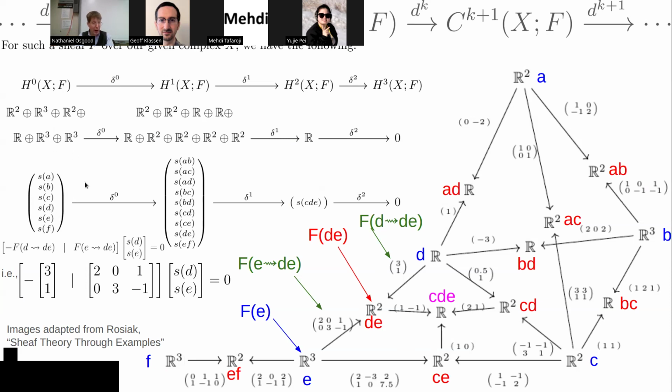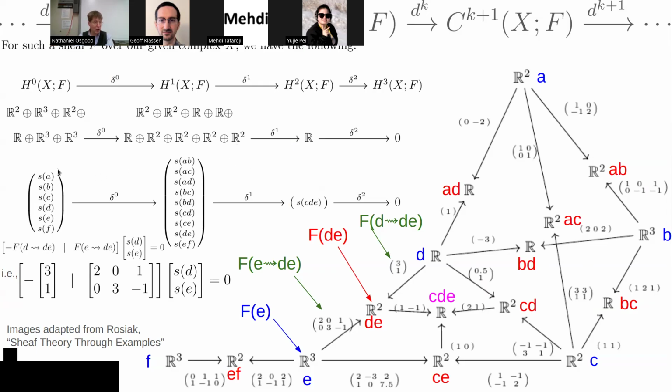And then we have a coboundary map here up to this dimension 1: AB, AC, BC, and each of those has a vector space over it, right?